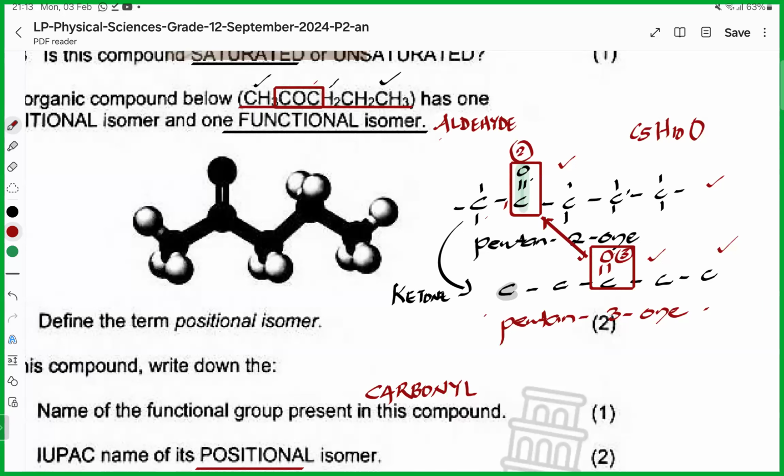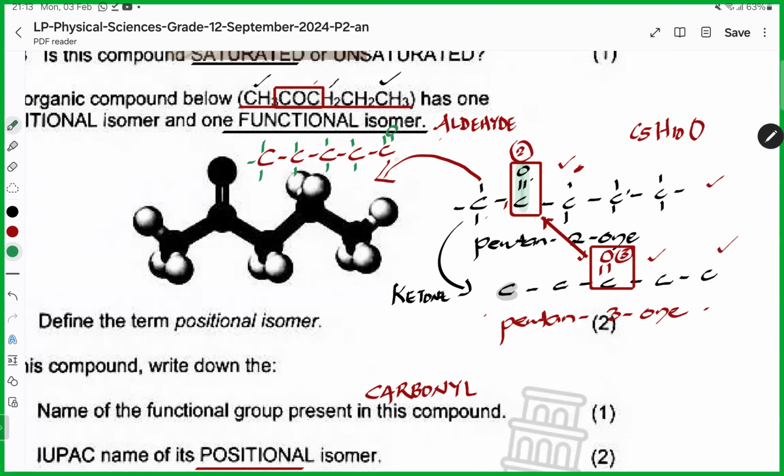However, the functional isomer of this compound here won't be another ketone, it will be another substance from a completely different homologous series. In other words, it will still be C5H10O, which means this has to be the aldehyde. So this here is still C5H10O.